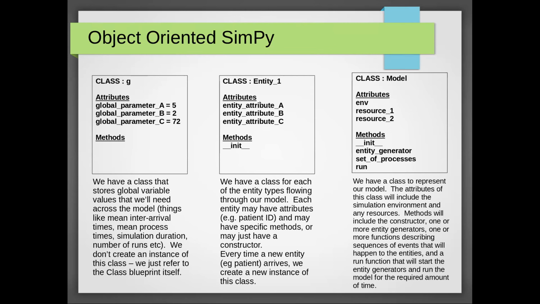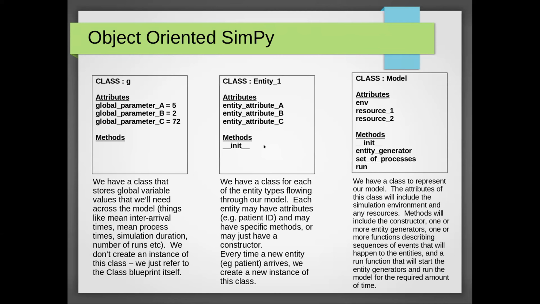Each of these classes will have certain attributes, and those will basically be the things that those entities carry around with them. Like the patients we saw last time, where we were assigning a patient ID to each one. You may have a patient ID, or additional things like their condition or their age. So these are attributes that are carried around by your entities.